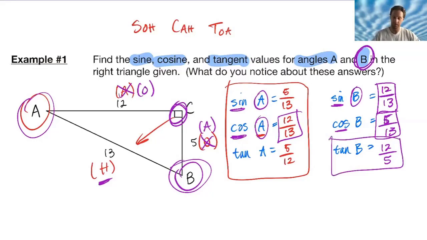Make sure you know the difference between cotangent and tangent of a specific angle, all right? Because cotangent is the reciprocal. And if we're looking at angle B, it would actually be equal to 5/12, which therefore would also be equal to the tangent of the complementary angle.